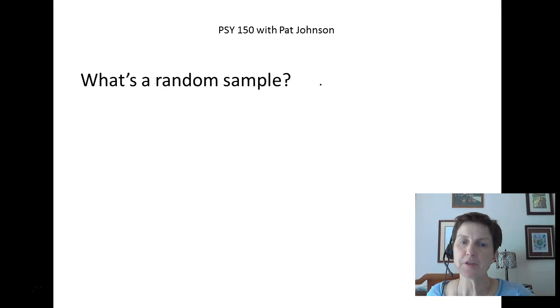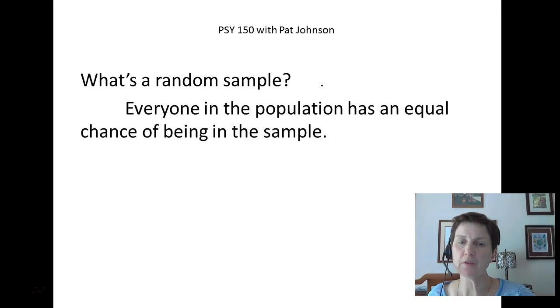A random sample is cool because in a random sample, everyone in the population has an equal chance of being in the sample. So everybody in North Carolina would have an equal chance of being picked, just as would everybody in all the other 49 states.